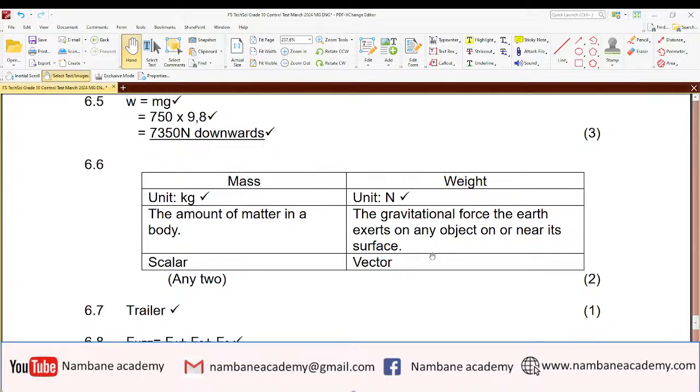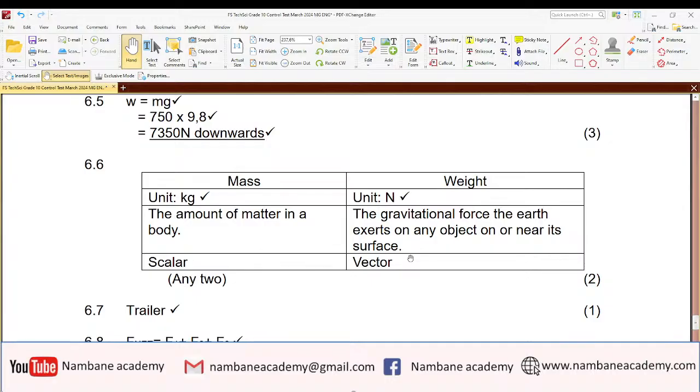Now, ladies and gentlemen, regarding the difference given by the learner, the learner cannot say unit kg for mass, and for the difference for weight, the learner says vector. No. The differences must correspond to each other. If it's comparing in terms of units, then it must be the unit of mass against the unit of weight.